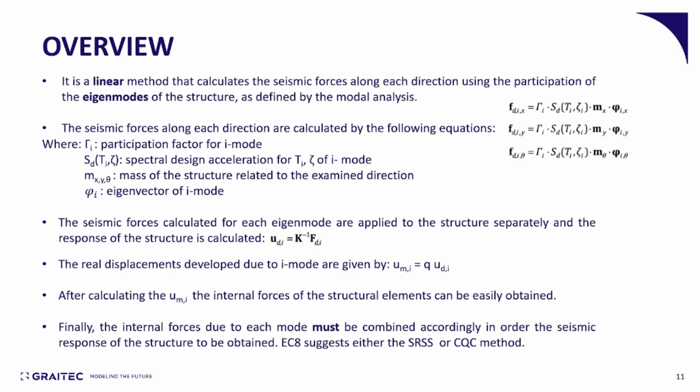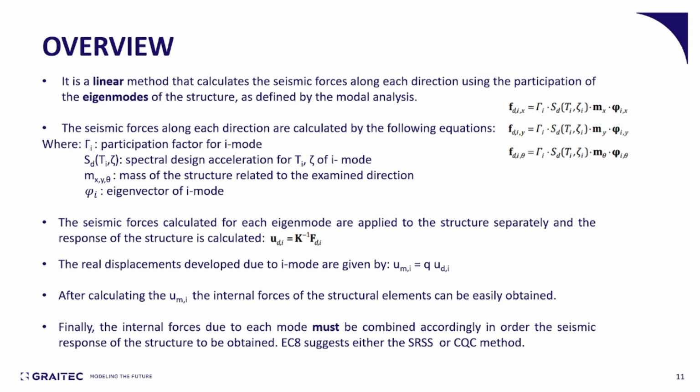Gamma i is the participation factor for the i-th mode. Sd is the spectral design acceleration for the period of the i-th mode. Z is the damping parameter. So basically, this spectral design acceleration corresponds to a particular period and damping factor Z that corresponds to the i-th mode. Mx, My, and M theta is the mass of the structure related to the examined direction.